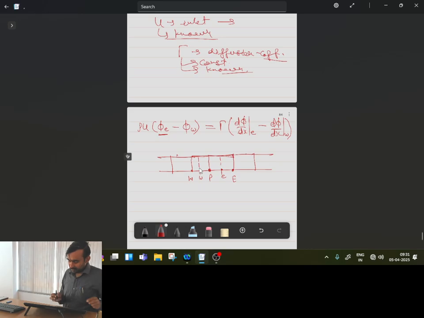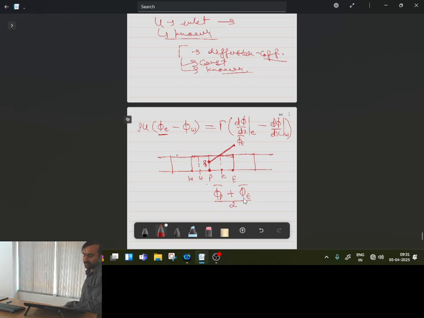One thing you can consider is that you take the linear dependence between E and P to define the value. So you can take, say, this is your value of phi bar P, and this is the value of phi bar E. Then if you take a linear relation between these two, you can define phi at e as phi bar P plus phi bar E divided by 2.